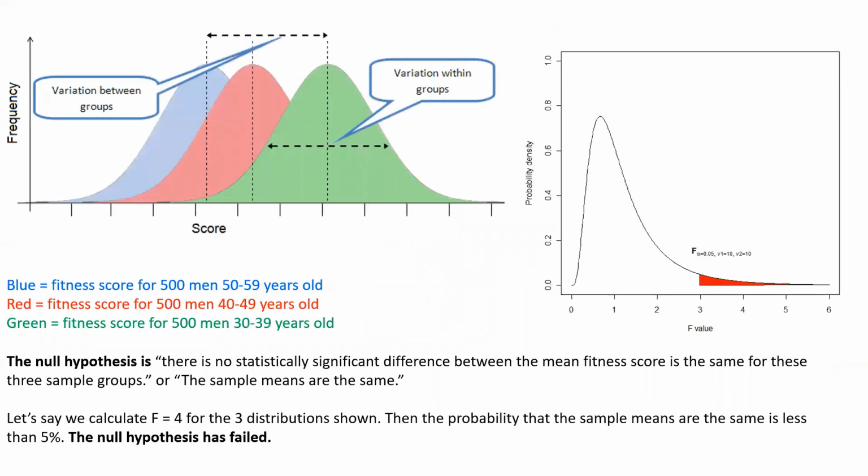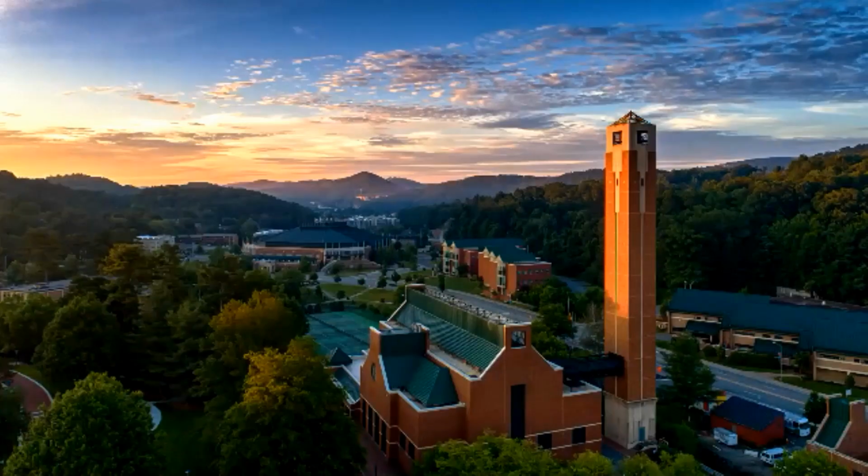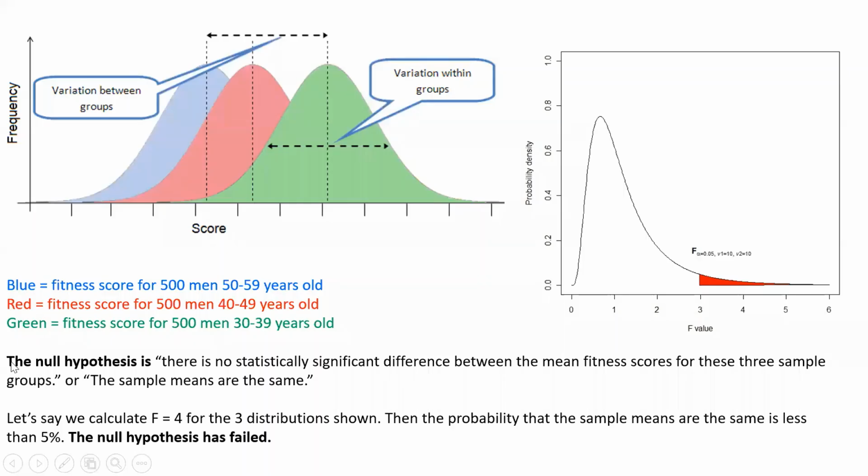Okay, let's look back at our fitness score example and understand how we can apply this null hypothesis idea. The null hypothesis, let's remember, is that there is no statistically significant difference between the mean fitness scores for these 3 sample groups.